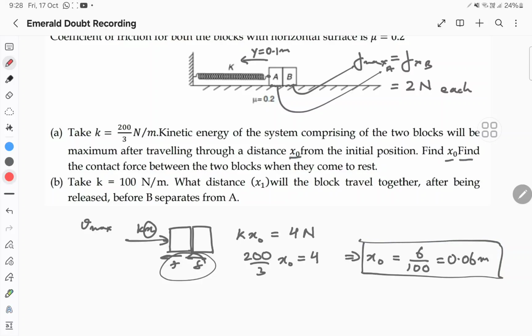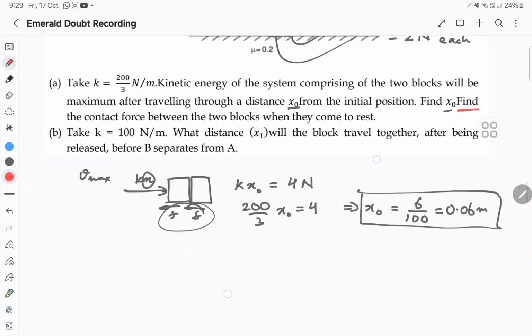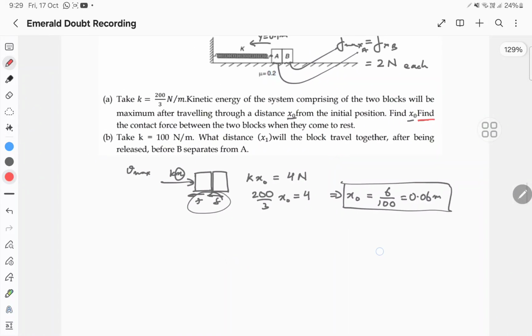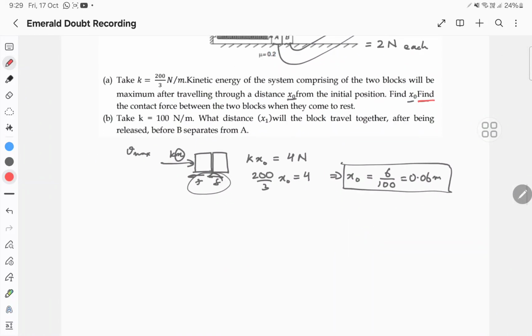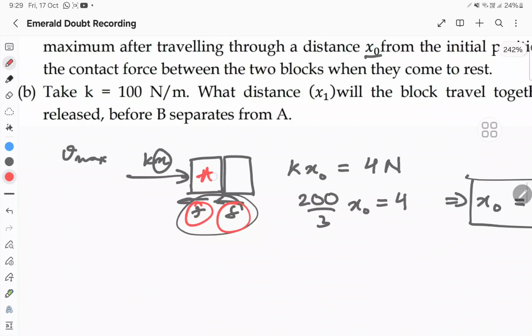So further they are saying find the contact force between the blocks when they come to rest. So we have to find where they come to rest. Till they have not come to rest, you have kinetic friction acting. Block A is pushing the block B, and B is pushing A back because of action and reaction.